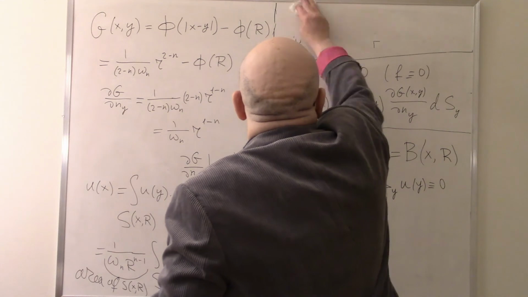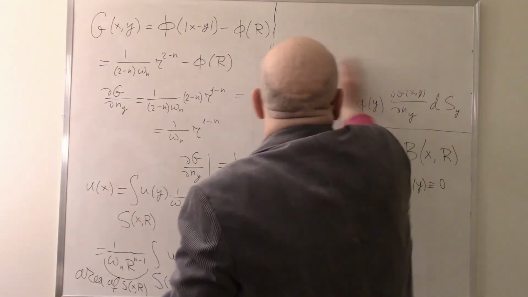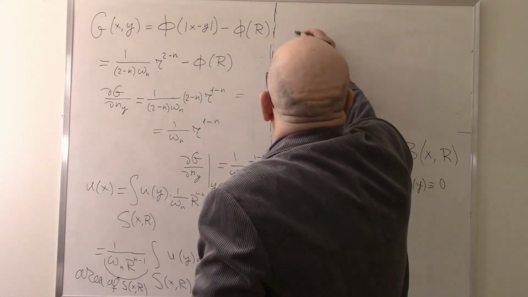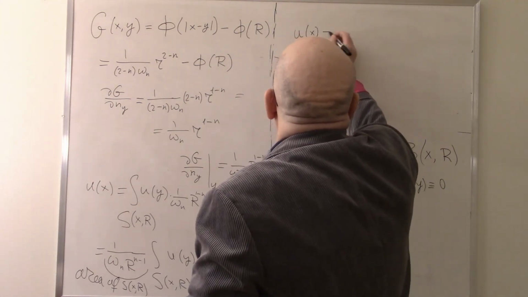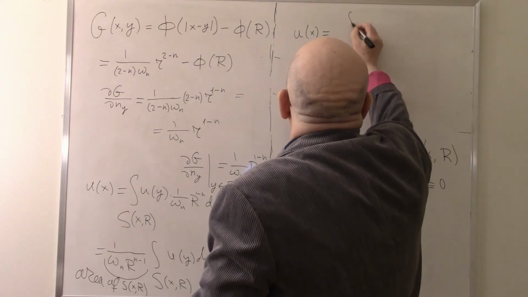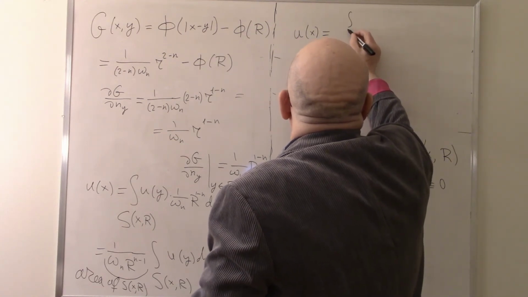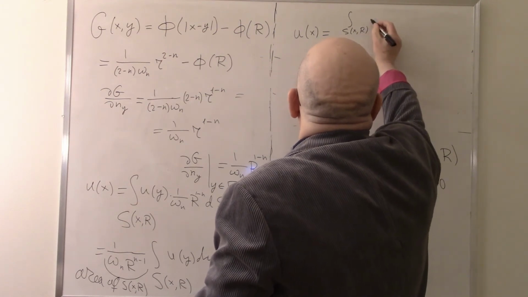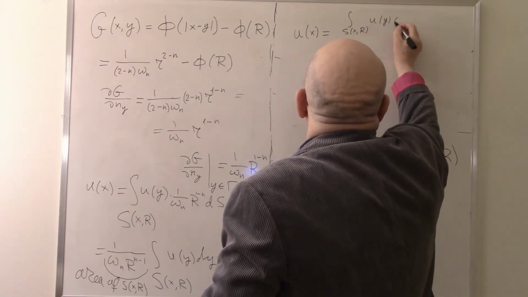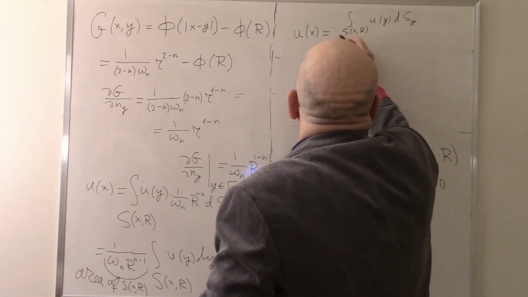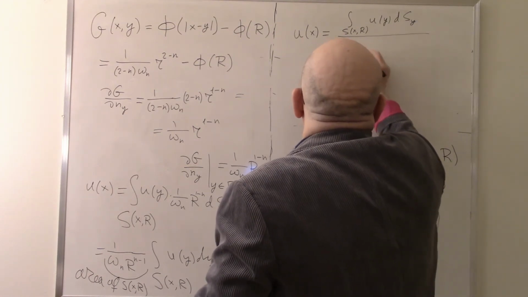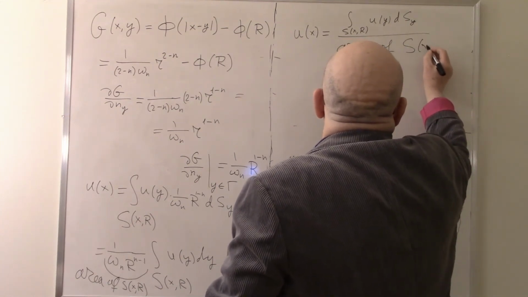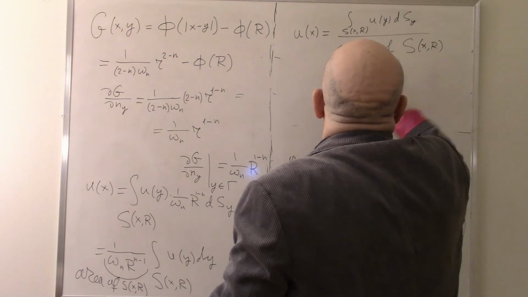So u of x equals the integral over the sphere S of x of radius r of u of y d s y divided by the area of S x r. Yes?